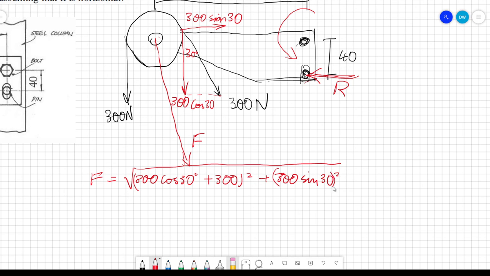Of course, this first part is the sum of these two forces going down, and the horizontal part is just this force. Now, what do we end up with? F should be approximately 579.56 newtons.